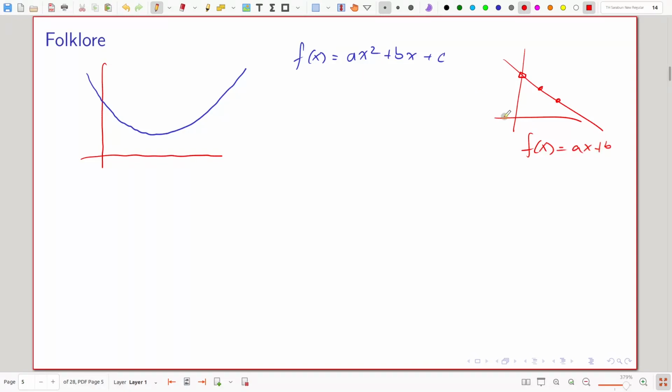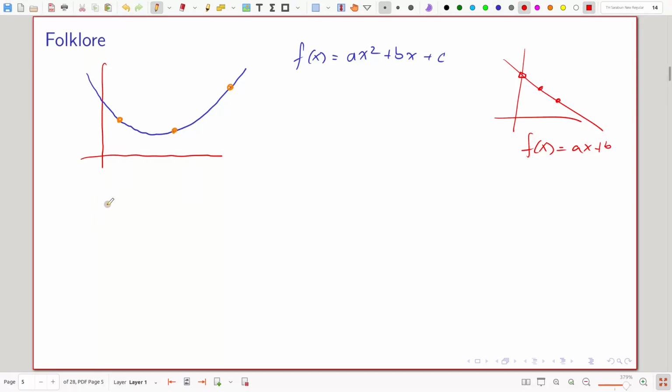Now, if you have a parabola, how many points do you need on the parabola to be able to recover it? In fact, you need 3. If you know 3 points on the parabola, there will be just one parabola that goes through these 3 points.